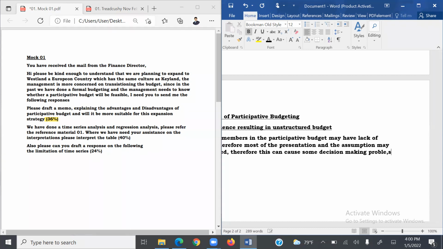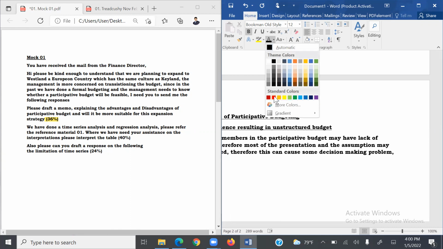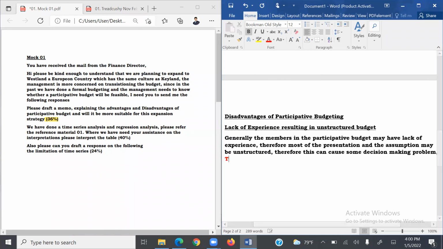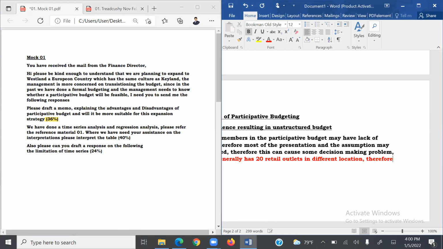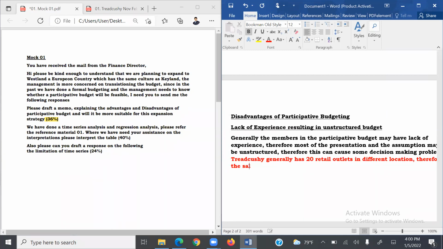So students, what we can do is I will just connect a point of view so that it will be very easy for you to understand the application. If I write down here, Cushy generally has 20 retail outlets in different locations. Therefore, the sales may be different.